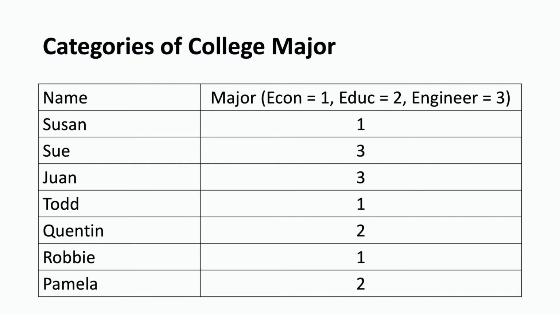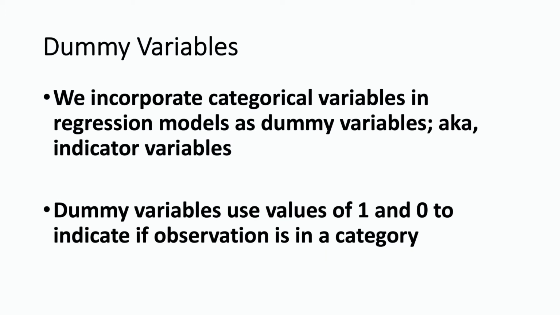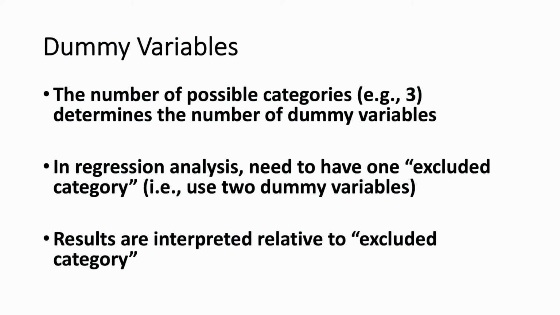To incorporate categorical variables, something like a student's major, into a regression model, we use what are called dummy variables, also known as indicator variables. Dummy variables use values of 1 and 0 to indicate if an observation falls in a particular category. When we incorporate dummy variables in a regression model, the number of possible categories, and in our example there were 3 possible majors, determines the number of dummy variables.